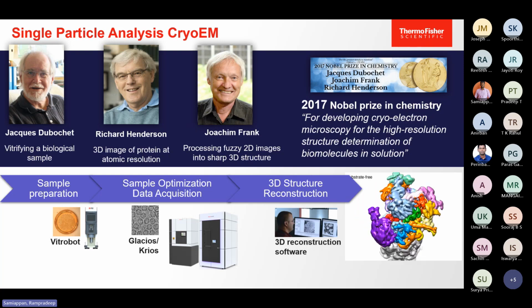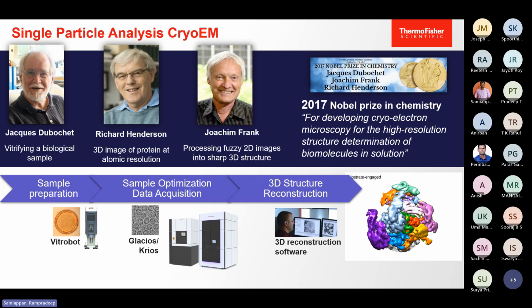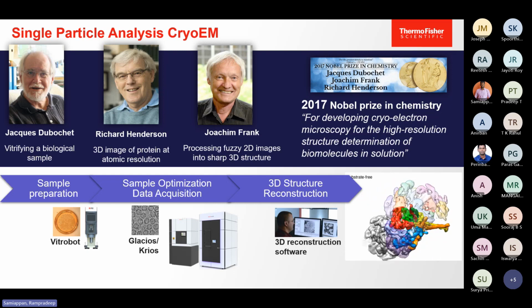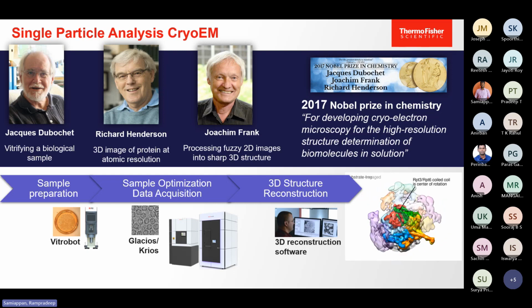And after 2017, once Jacques Dubochet, Richard Henderson, and Joachim Frank's group received the Nobel Prize for cryo-electron microscopy, we became aware of cryo-electron microscopy as a technique as a whole, and also the sample preparation and sample optimization techniques behind it, and how we can solve structures with cryo-electron microscopy. People slowly transitioned from crystallography to cryo-electron microscopy.